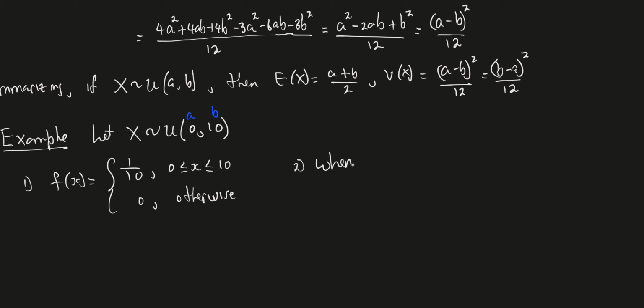When x is less than 0, there is no area, so your CDF will be equal to 0. In fact, they're both equal to 0, right? What happens if your x is between 0 and 10?